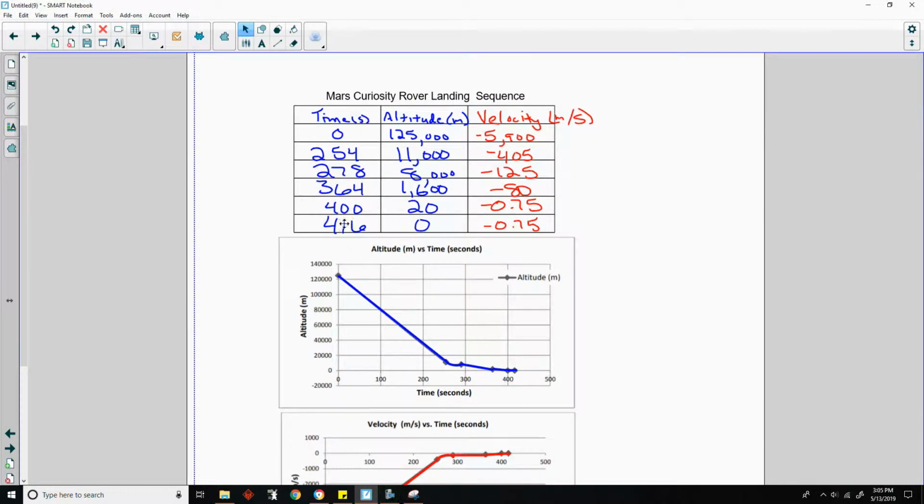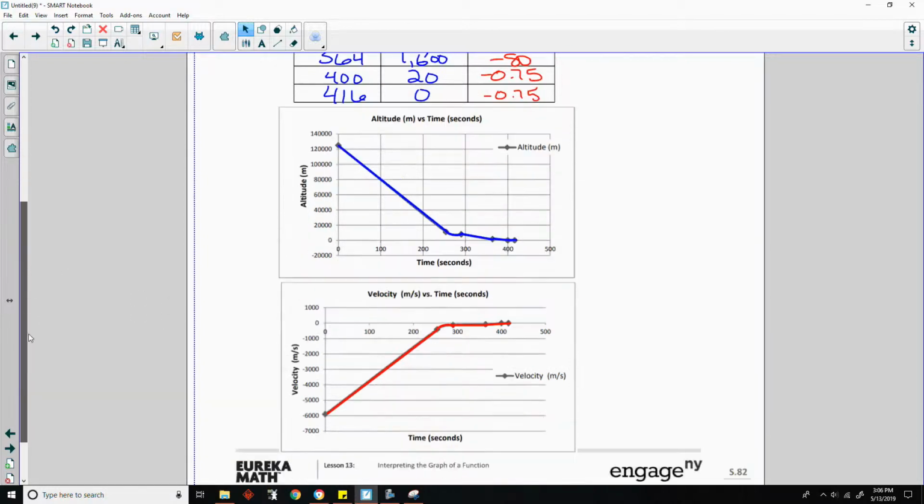Our time in seconds is our x, or our t axis, down here on both, 0 to 500 on both t axes. The blue altitude, in meters, is this blue line depicted here. Okay, and so it's decreasing as we're approaching land. Obviously, if you're landing, altitude is going down as time is increasing, or time is going by.